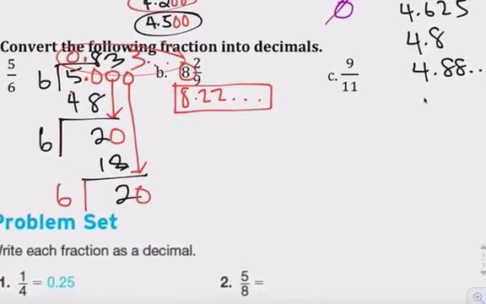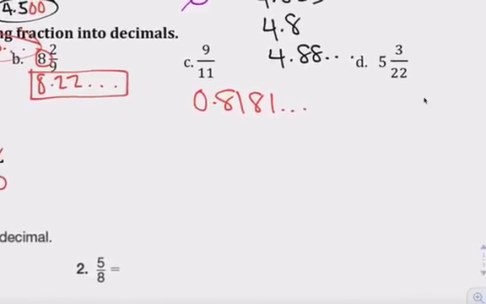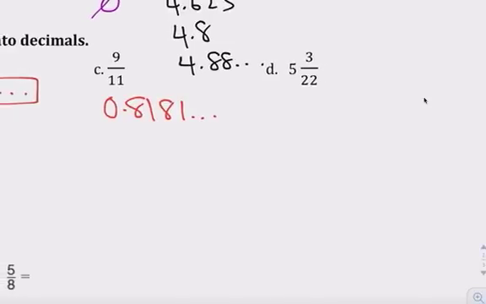And then 9 divided by 11 is 0.81, 81, dot, dot, dot. It keeps repeating the 81. These are repeating numbers. Okay, 3 divided by 22 is 0.136363.